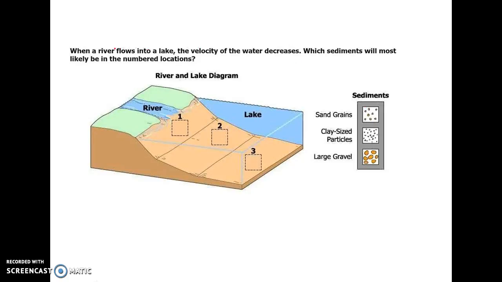So when a river flows into a lake, the velocity of the water decreases. They're kind of giving you what's happening here. You don't really have to know that. You have to know what velocity means, and velocity means speed.